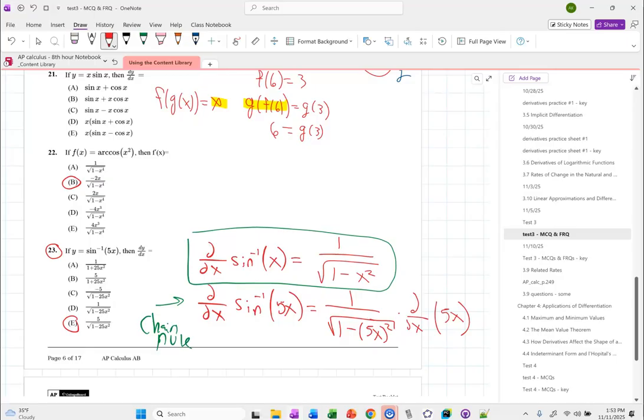Would you mind doing this one out? Oh, it's the derivative of the inverse of cosine. Yep. Our function is cosine inverse, and the derivative formula is the same as sine inverse, just with a negative.